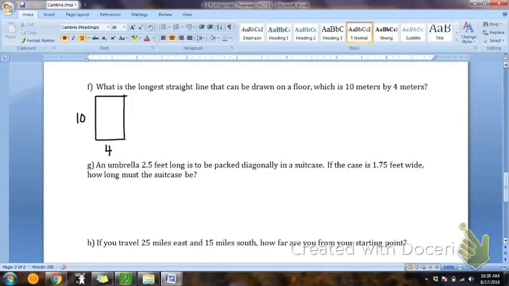All right, so the longest straight line is going to be the diagonal. So we're going to draw a diagonal in this. We'll call that X. My right angle is down here. So now you've created a right triangle, which is what you need every single time. Go ahead and set up your equation.